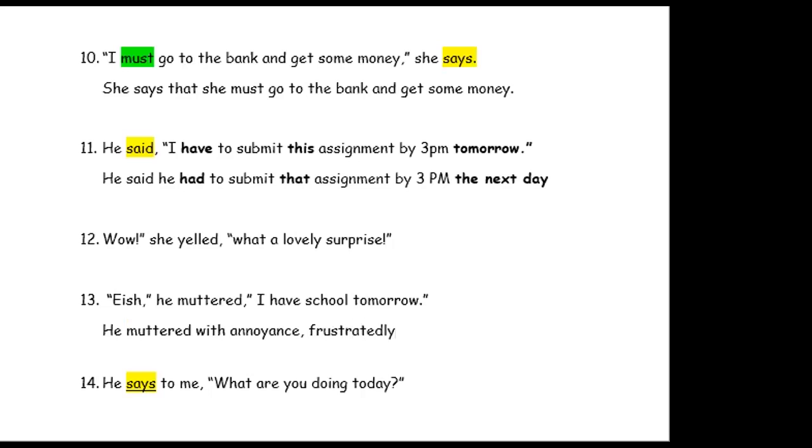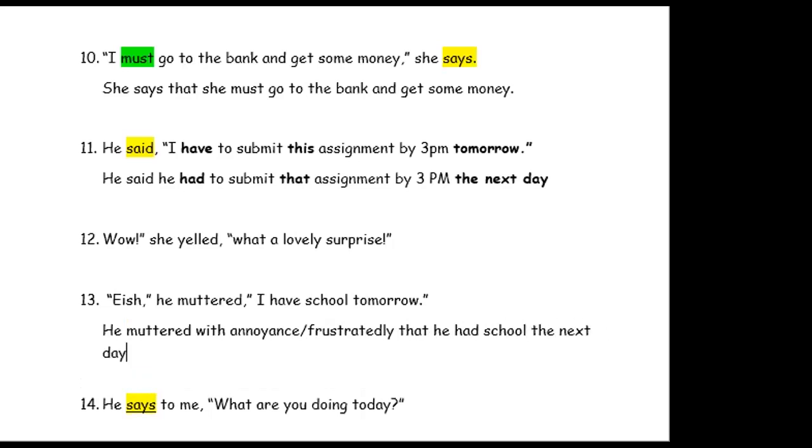Or with frustration. Good, Amy. Yeah, I know you guys know the feeling. That's why you can tell me this. Yeah, basically that, right? He muttered with annoyance, or he muttered frustratedly that he had school the next day. Cool, guys?